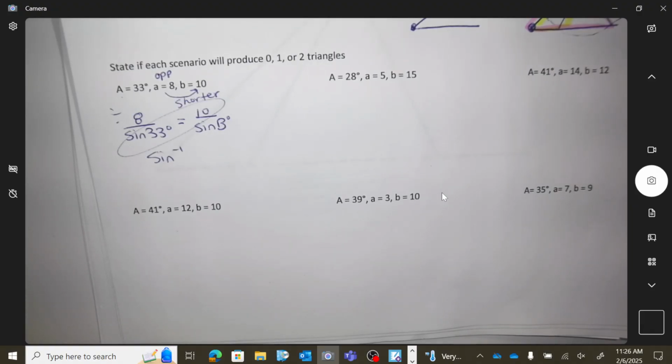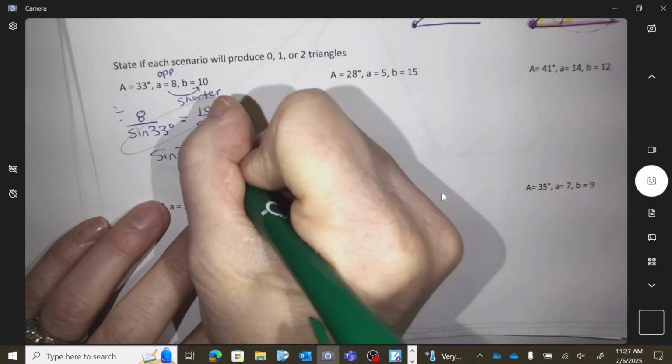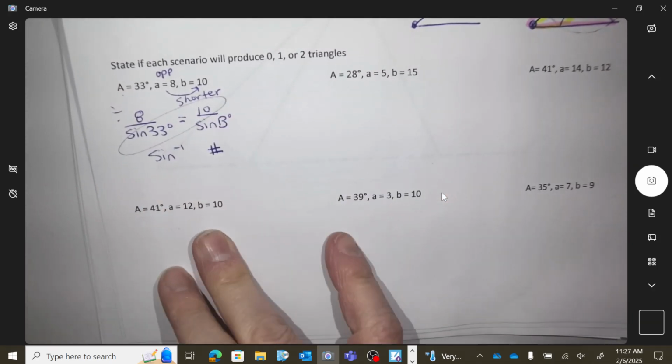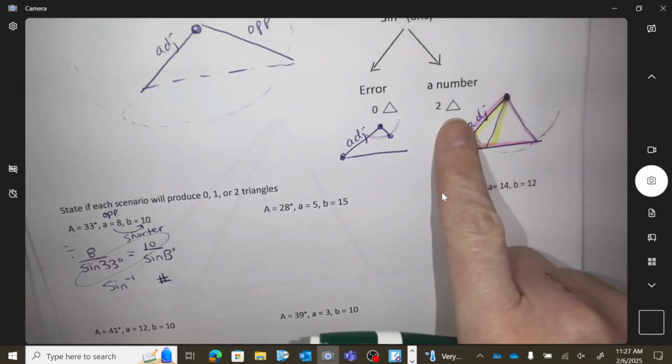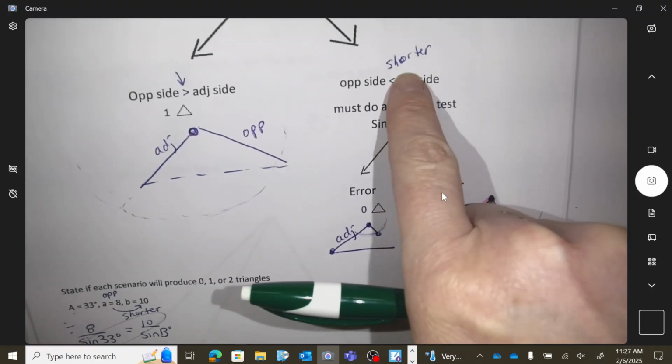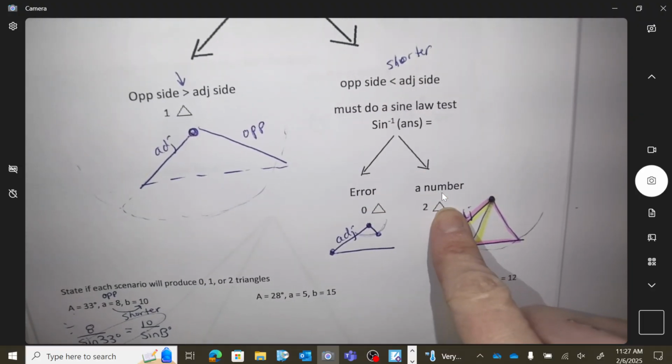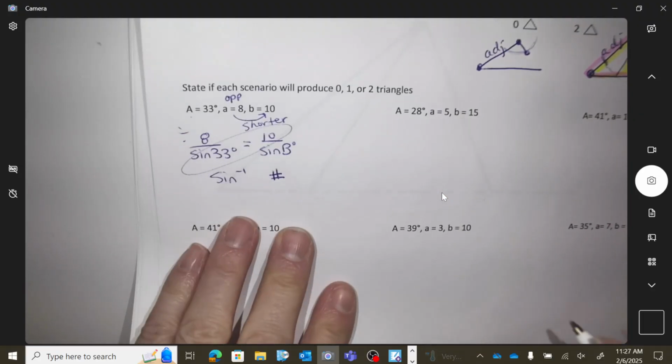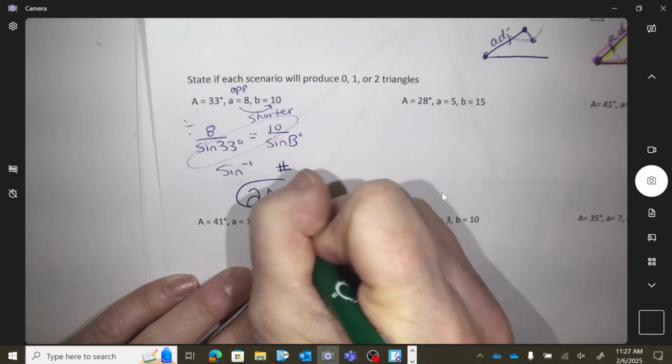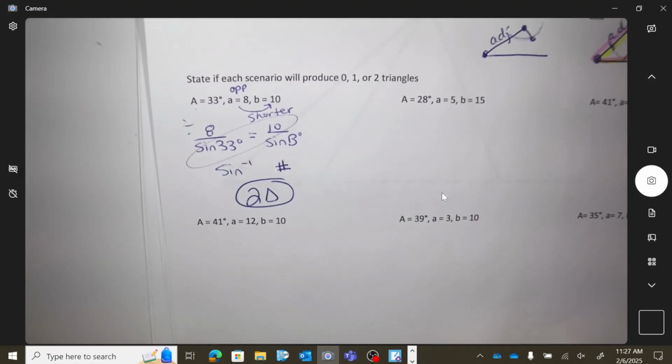And all I care is, do you see a number or do you see an error? No. You're seeing a number out of that. So here's what I did. We were shorter. I tested it. I got a number. So my conclusion is 2 triangles get made.